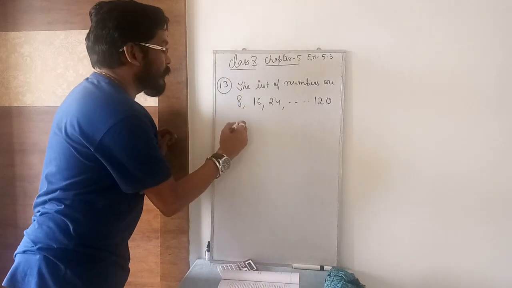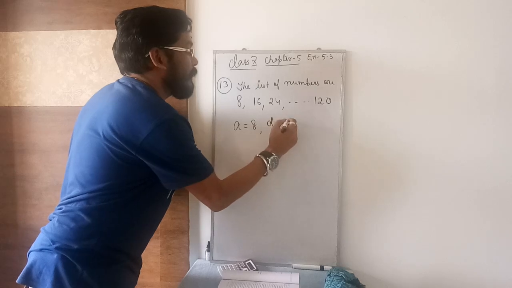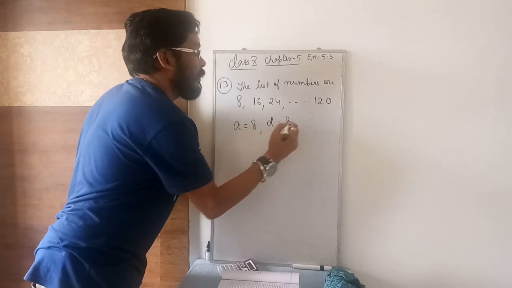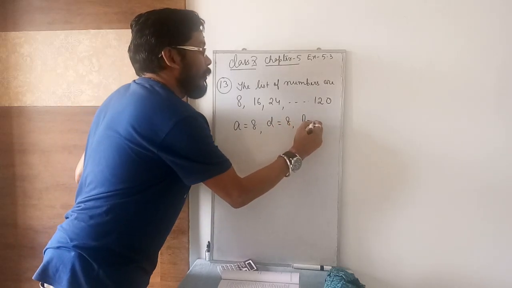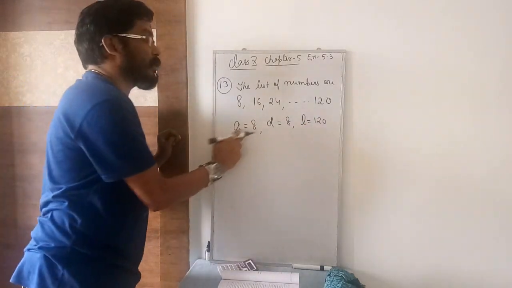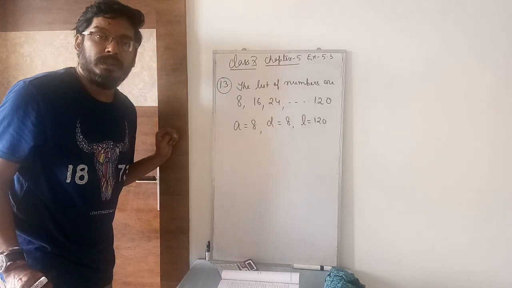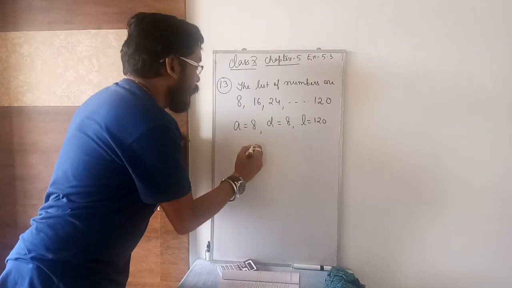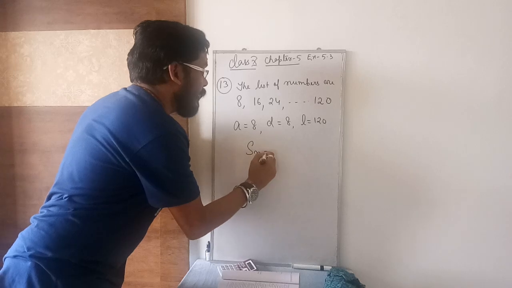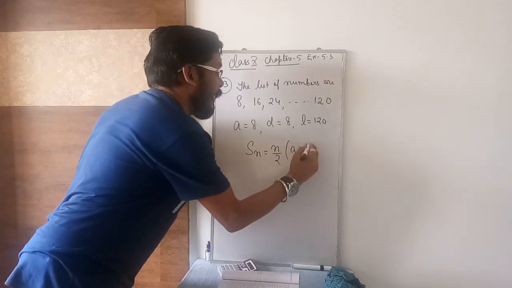Here the first number is 8, common difference is second minus first, 16 minus 8, it is 8, and the last term is 120. You have to find the sum; you know the first term, last term, and the number of terms, which is 15. So you will write Sn equal to n by 2 into (a plus l).